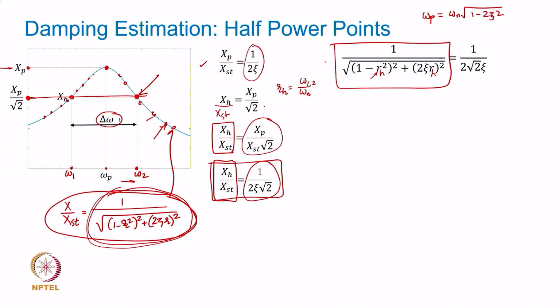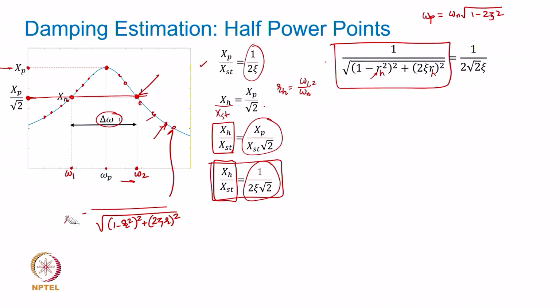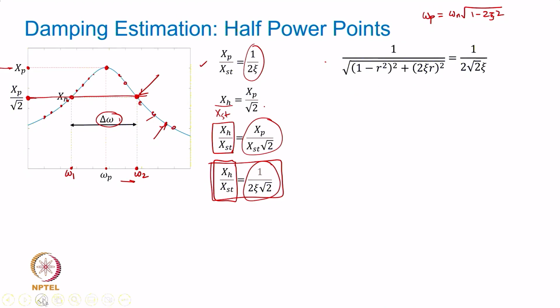So what we do now is we equate these two quantities, and if I equate these two quantities and reorganize, please try it yourself, you will get a quadratic in r square.